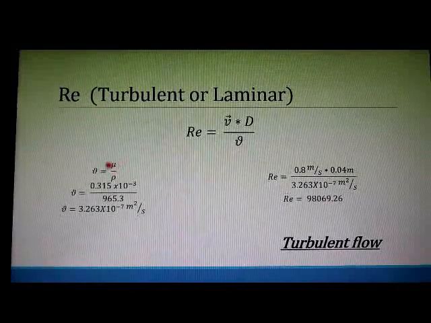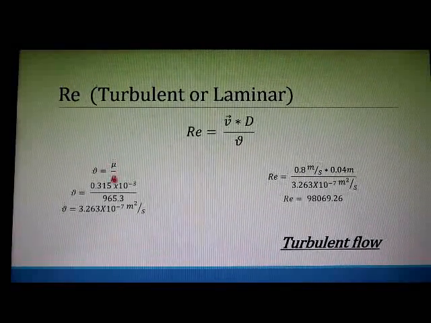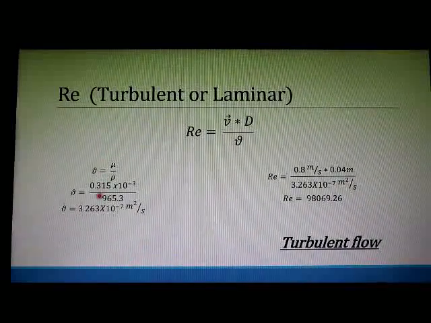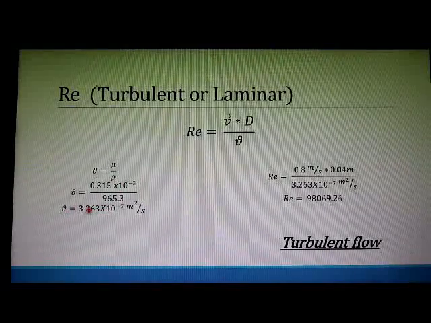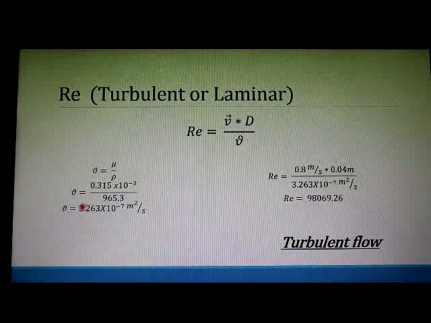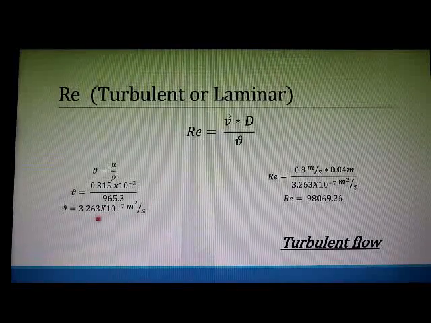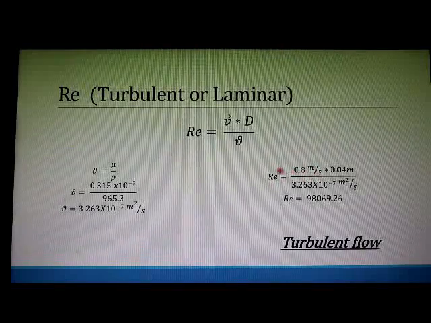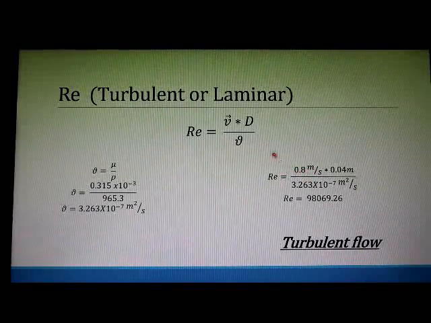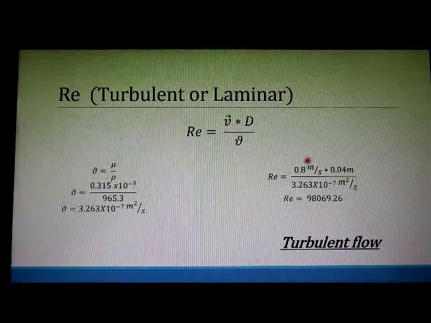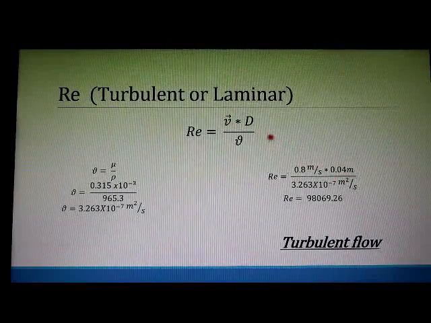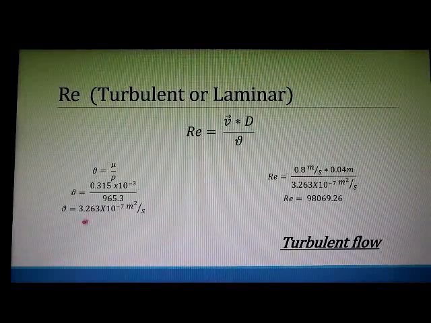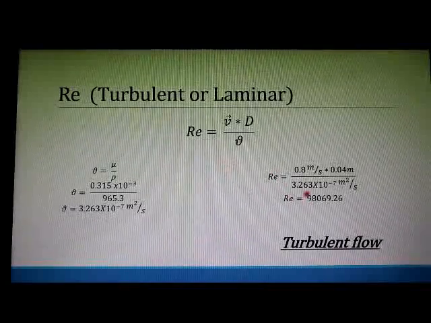That means that we have dynamic viscosity divided by the density. When we have this viscosity, we can replace all the numbers in Reynolds. We have 0.8, that is the velocity, and 0.04, that is the diameter, divided by this viscosity that we already found.